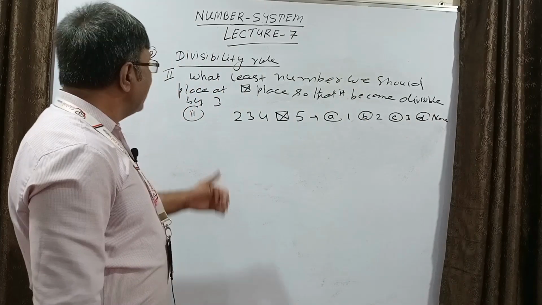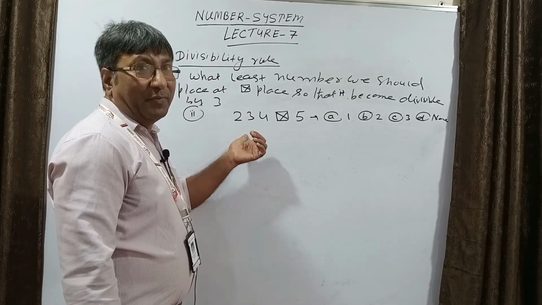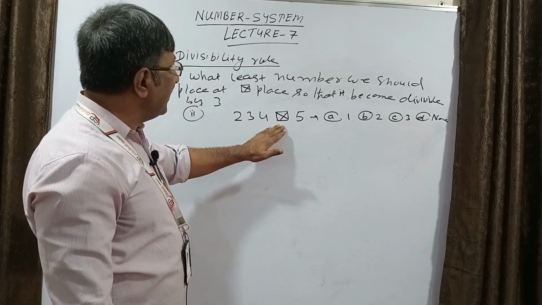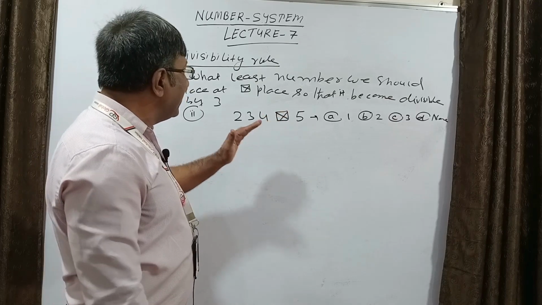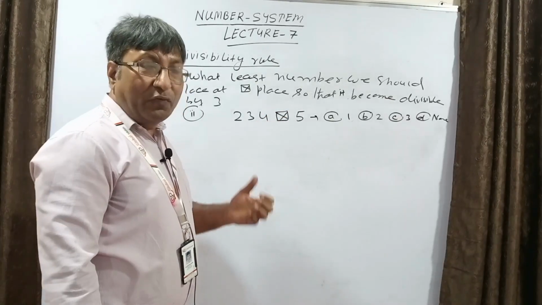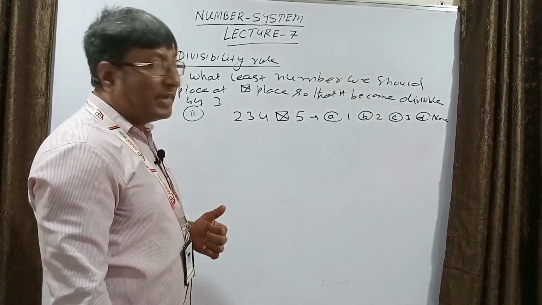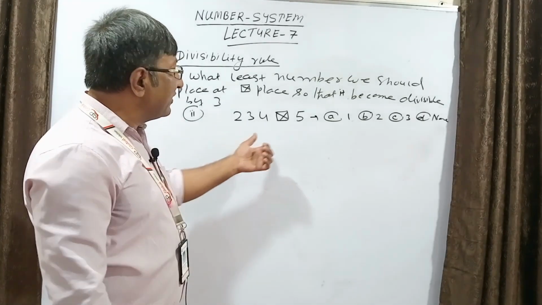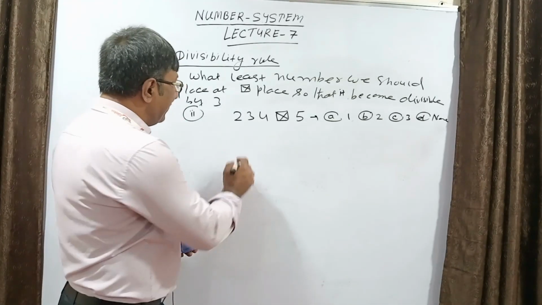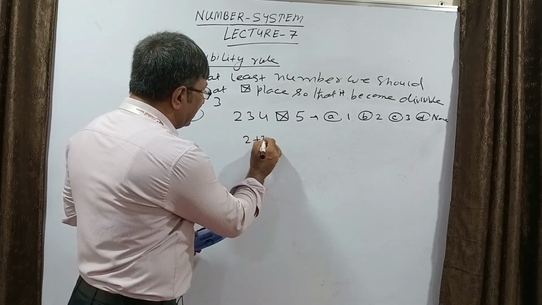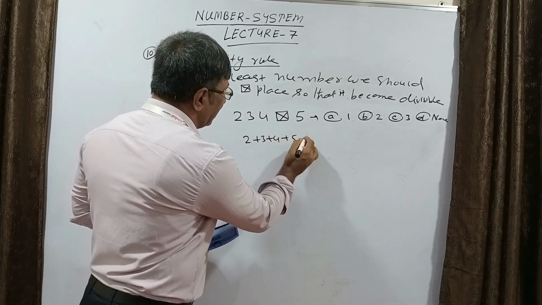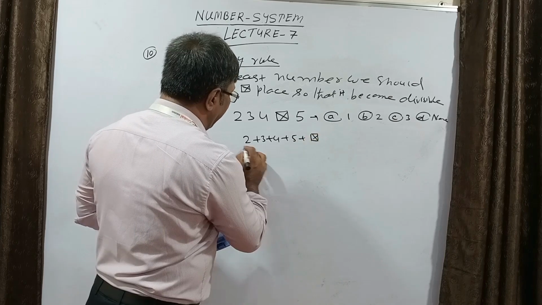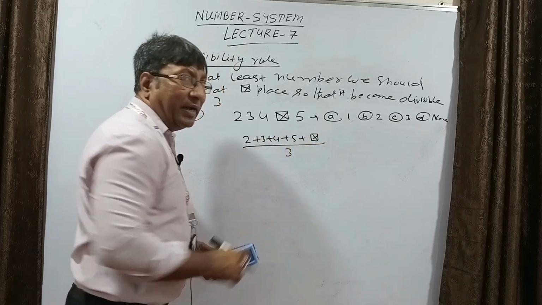My question is the same: what least number should we place at this place so that it becomes divisible by 3? For this type of question the simple technique is to first add the given digits. Our given digits are 2 plus 3 plus 4 plus 5 and then the star place. This should be divisible by 3.